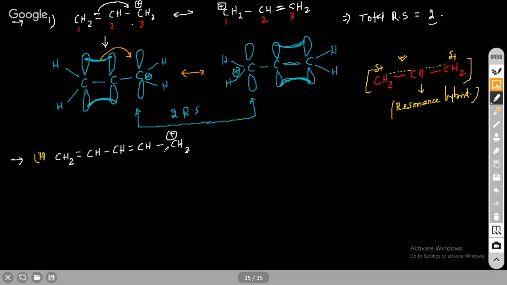Is this molecule a conjugated system or not? You see the rules actually. What is the condition we have for a resonating structure?